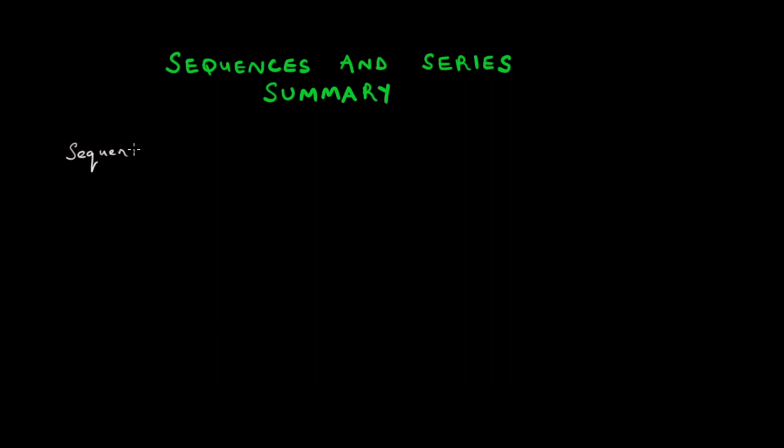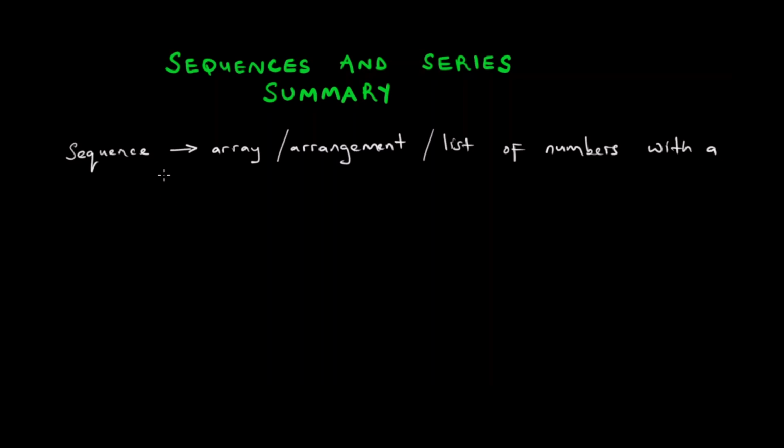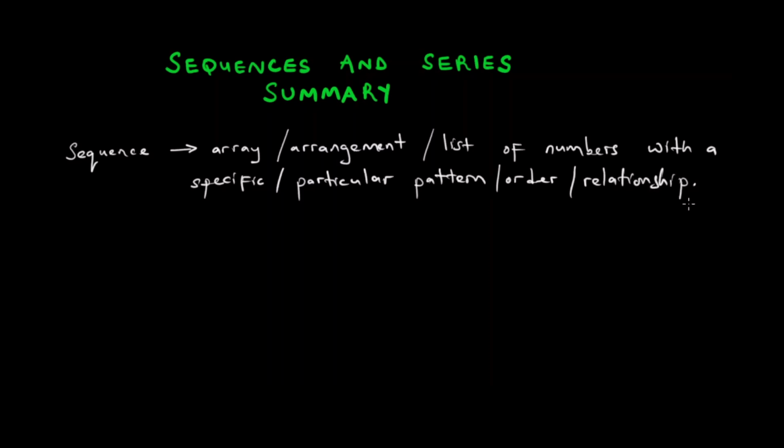So when it comes to a sequence, we say this is an array, an arrangement, a list of numbers with a specific, particular pattern, order, or relationship. So this is a summarized definition of a sequence.